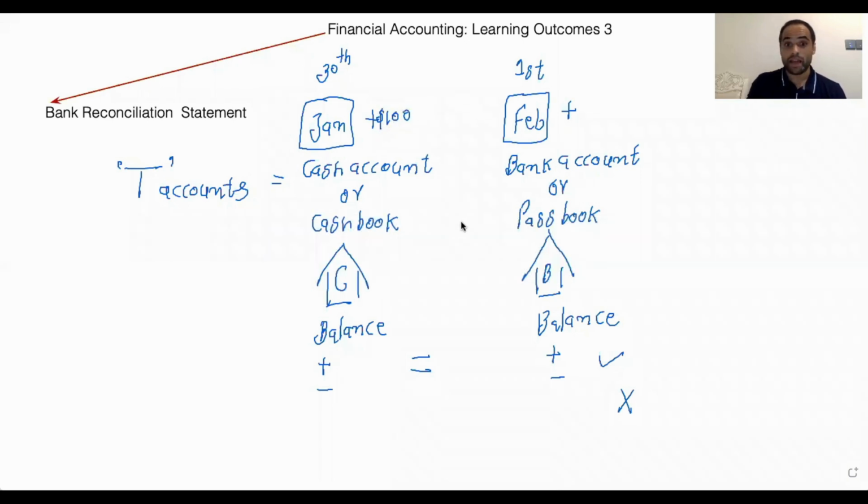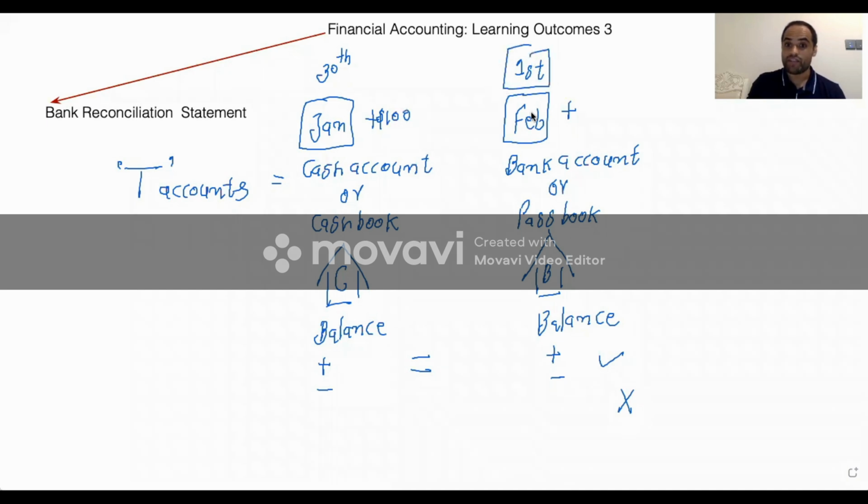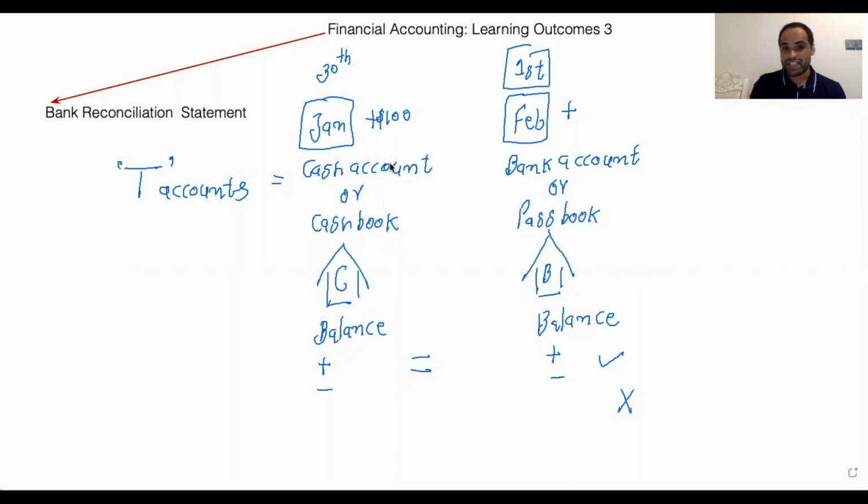But according to your bank account, there is no cash for this month, because the money increased on 1st of February, which is next month, the next period, not this period. So in January, your cash account and bank account balances are not equal.